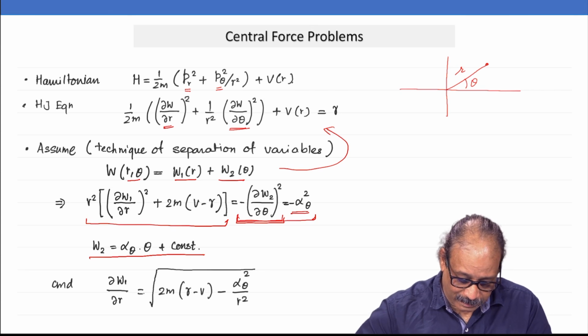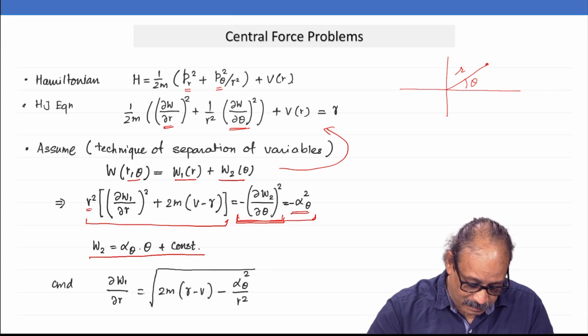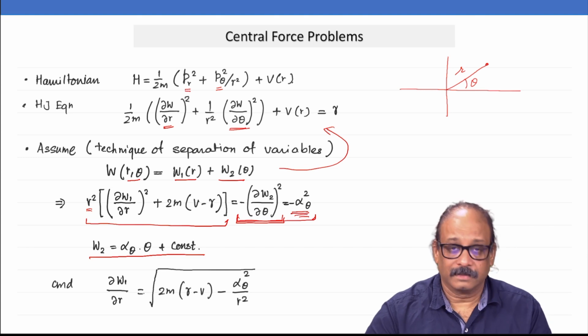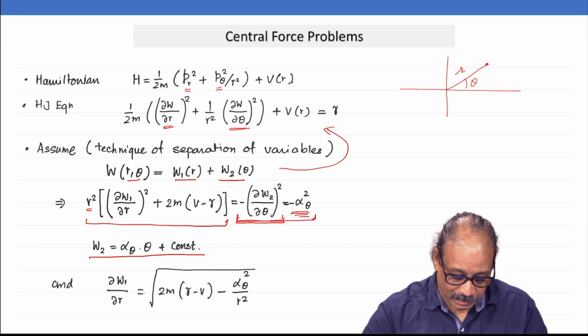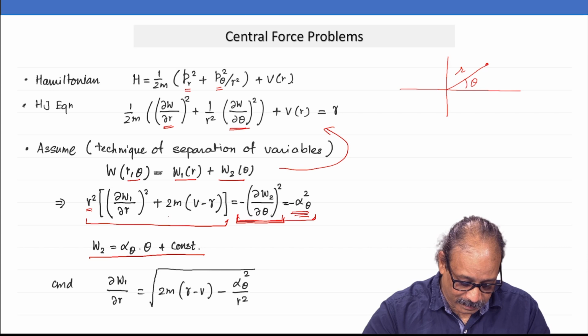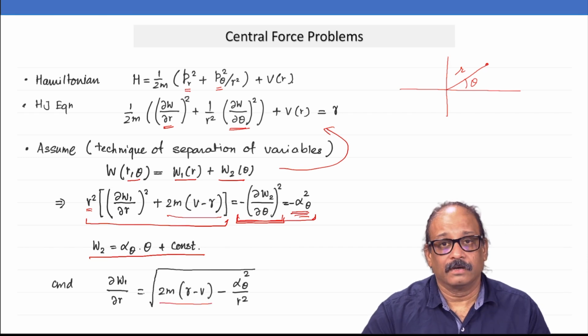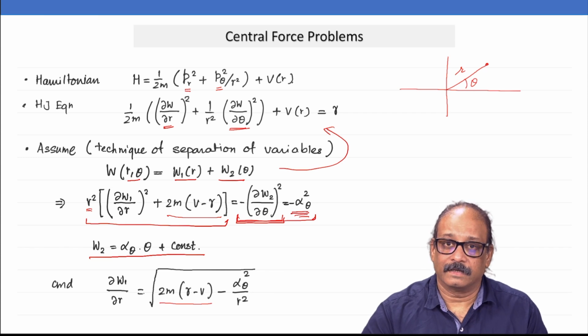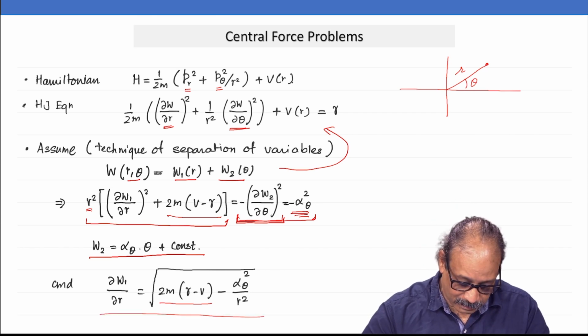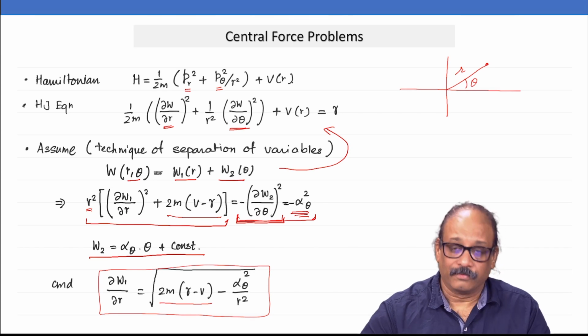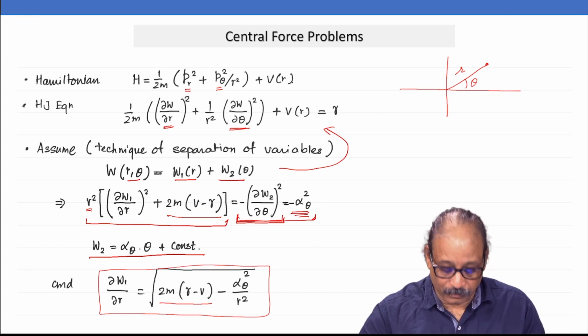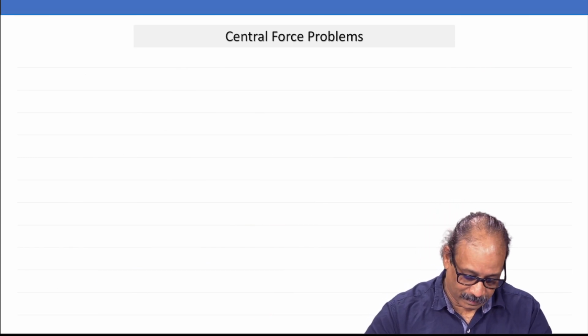So, if I again rearrange all the terms, I can take this r square to the right hand side. So, it will become alpha theta square minus r square, and then you can take this 2m times gamma minus v also to the right hand side and take a square root. So, you get this, and then of course, the answer would simply become W1 will be the integral of this function. Okay.